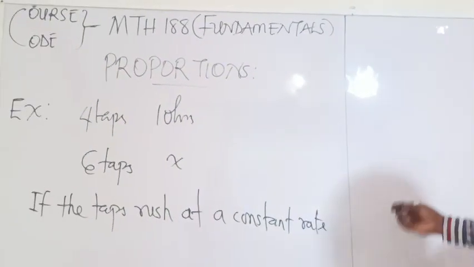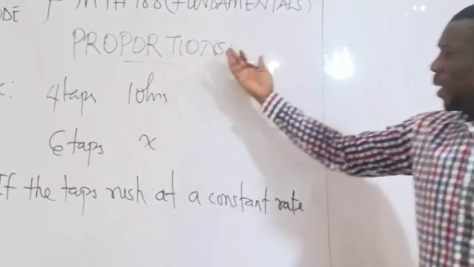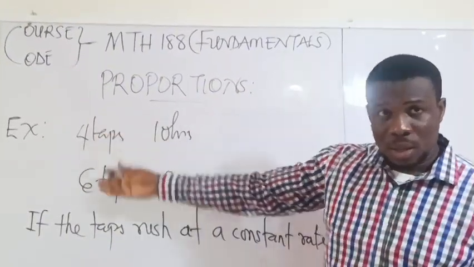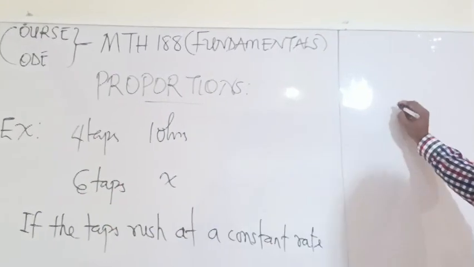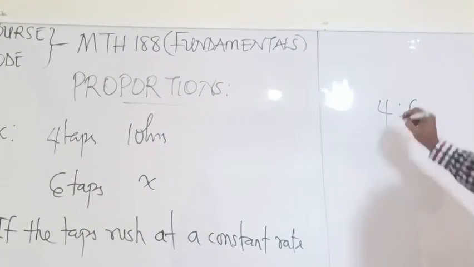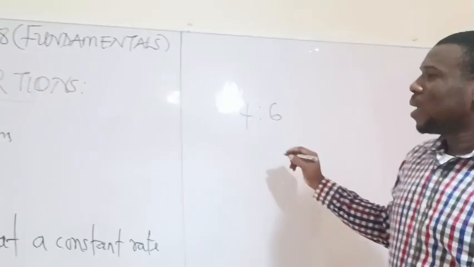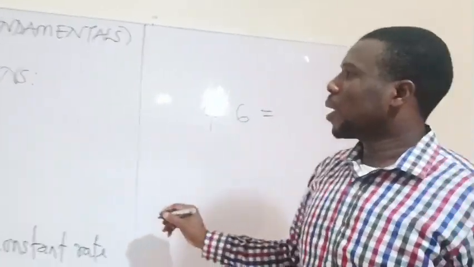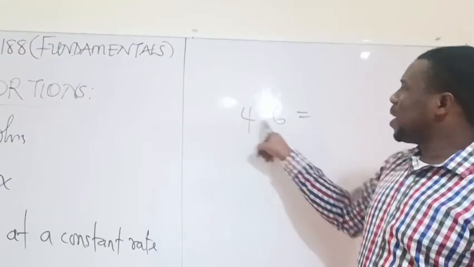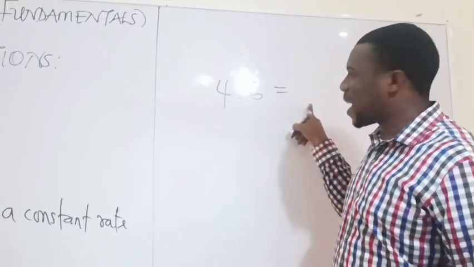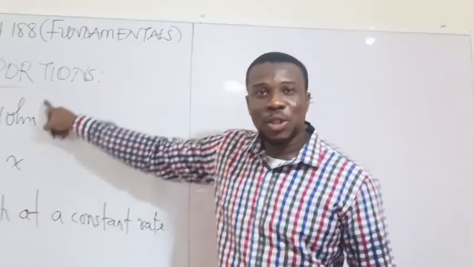So I would simply take the ratio of the number of taps, which is 4 to 6. As 4 is to 6, so is the ratio of the timing.